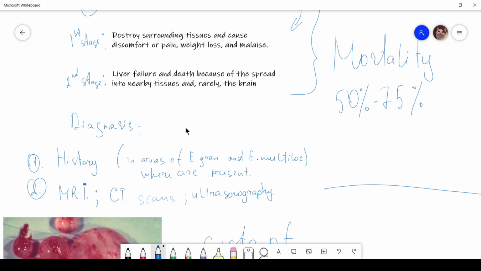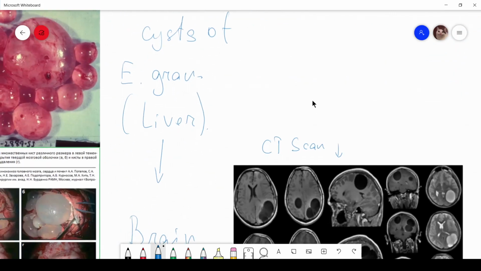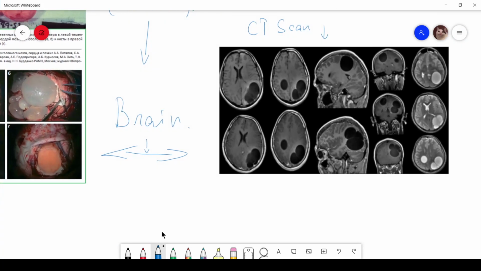The presence of a cyst-like mass in a person with a history of exposure to sheepdogs in an area where Echinococcus granulosus is endemic suggests a diagnosis of cystic echinococcosis. Imaging techniques such as CT scans.